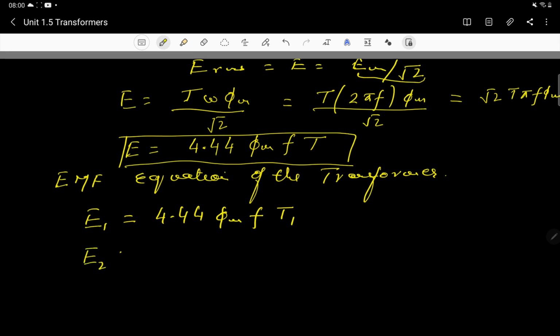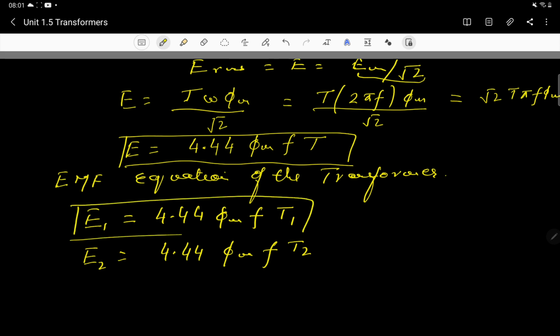And E2, the EMF on the secondary side, is equal to 4.44 phi m f T2. The frequency is the same and the flux is the same because of the mutual flux, as we have already understood. So this is E1 on the primary side, and this is E2 on the secondary side.